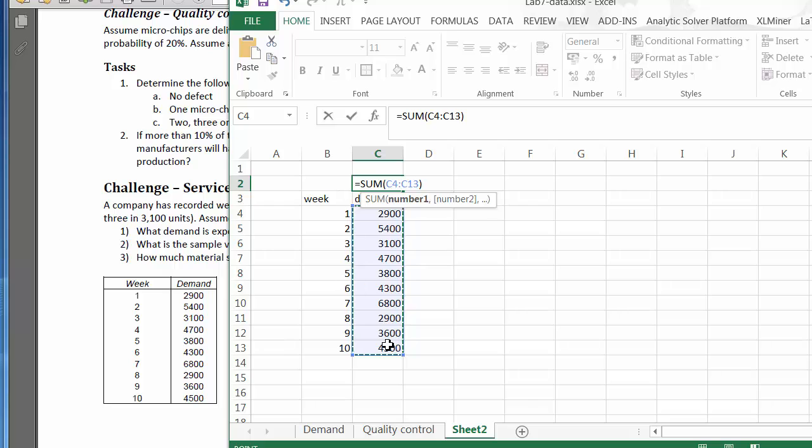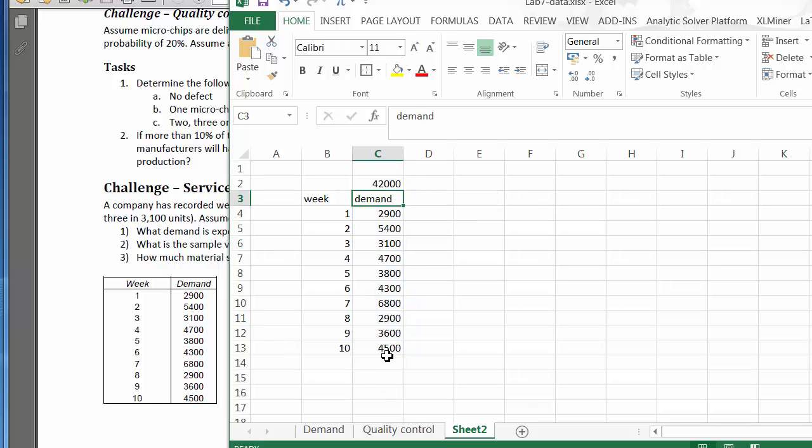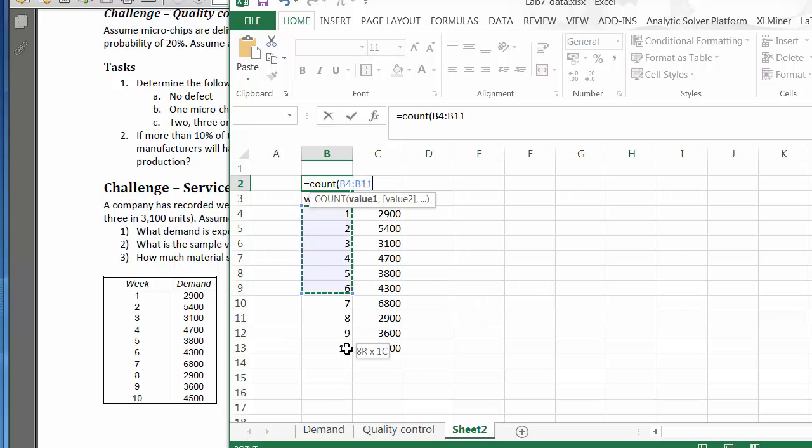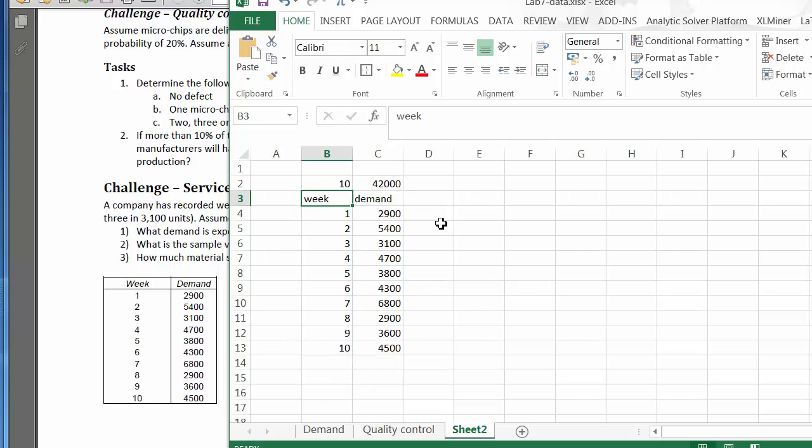Okay, that's 42,000. So we do already see the average demand is 4,200 because the number of weeks is 10. And obviously 42,000 divided by 10 is 4,200.